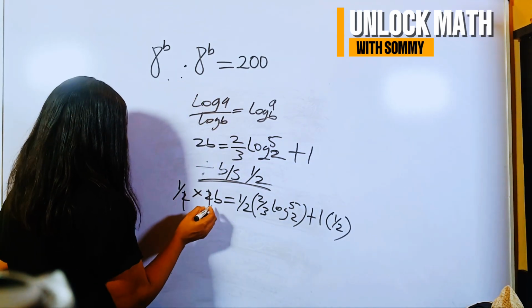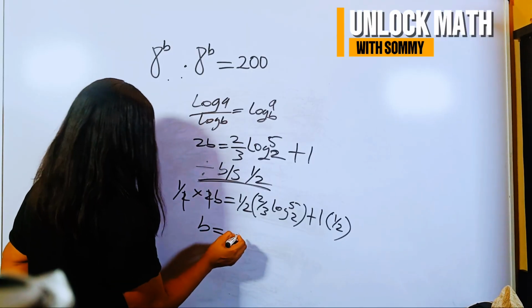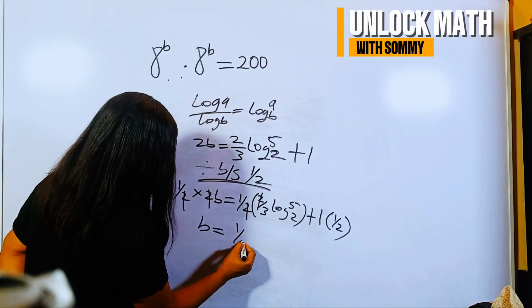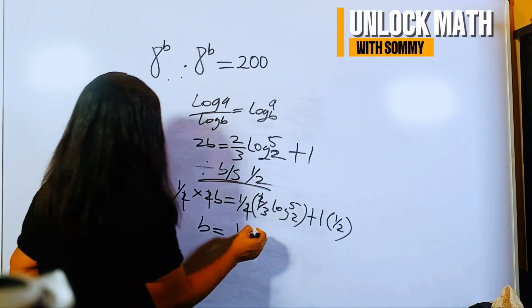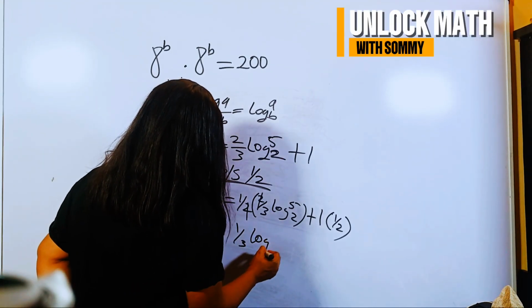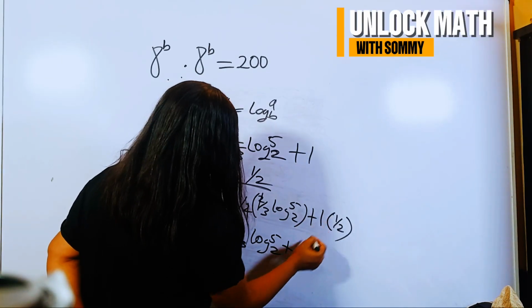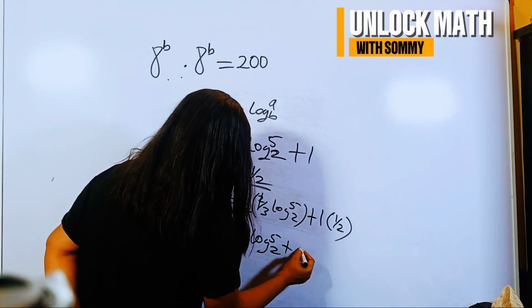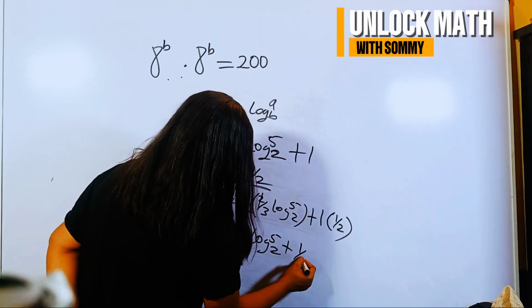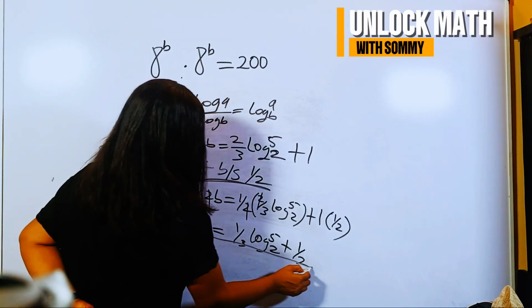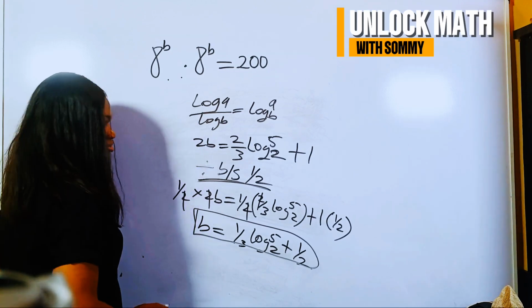If this cancels this, we now have b equals, when 2 multiplies 2, 1 over 3 log 5 base 2 plus 1 multiplies 1 over 2. We now have 1 over 2. And this is our answer.